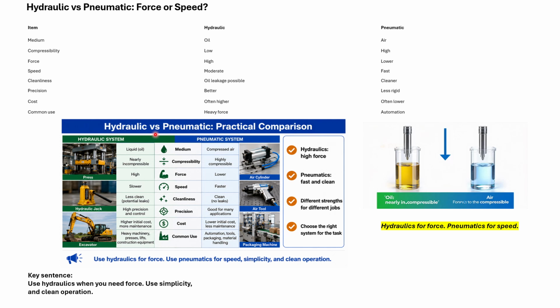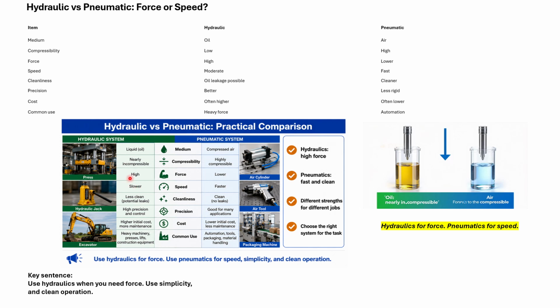Hydraulic versus pneumatic, a practical comparison. Hydraulic systems use liquid oil. Pneumatic systems use compressed air as the medium. Oil is nearly incompressible. Air is highly compressible.